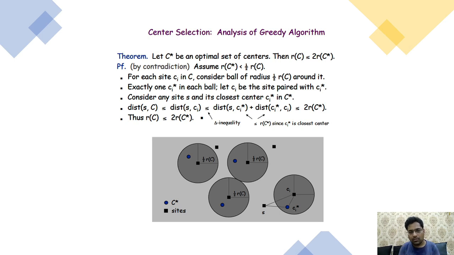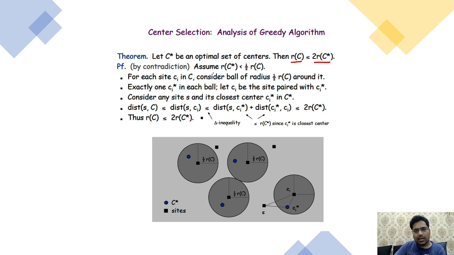Okay, for the theorem, how do we prove it? It says R(C), the radius which we got for the set of centers C, is less than or equal to two times the optimal one. The optimal is represented as C star, the optimal centers which are selected.